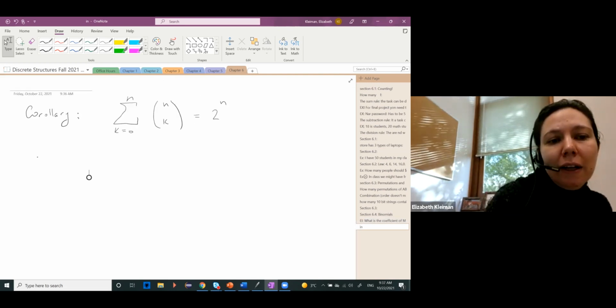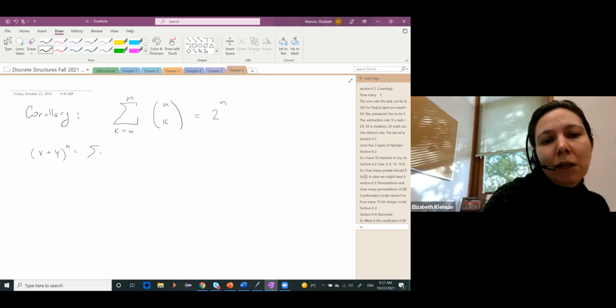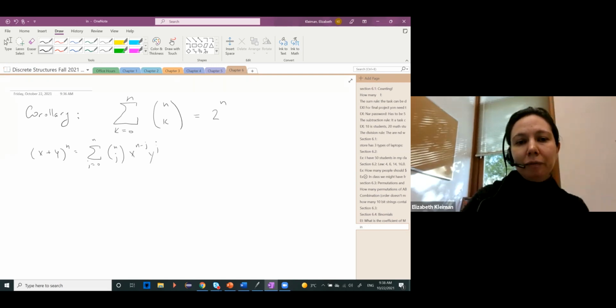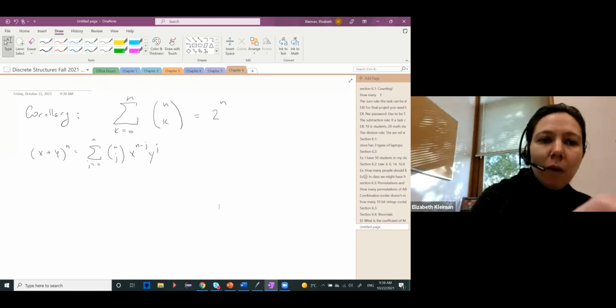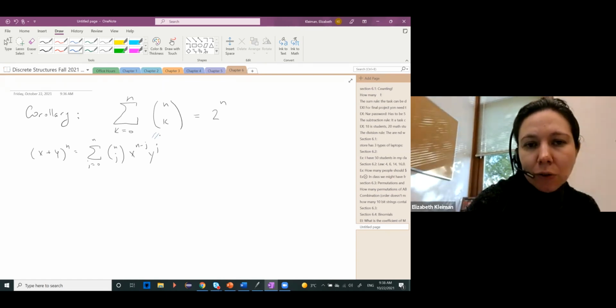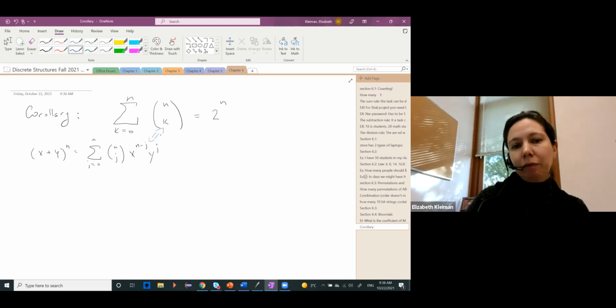We have (x + y) to the power n is the summation of j equal to 0 to n of n choose j, x^(n-j) y^j. How are those two similar? What I want you to look at is how those two are connected.